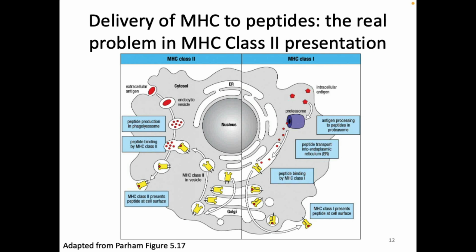The place where MHC class 2 gets its peptide is the MHC class 2 loading compartment. They just gave up because it doesn't actually match. It's not the lysosome, it's not quite an endosome, but it's a vesicle. And what vesicle it is, people can argue about.